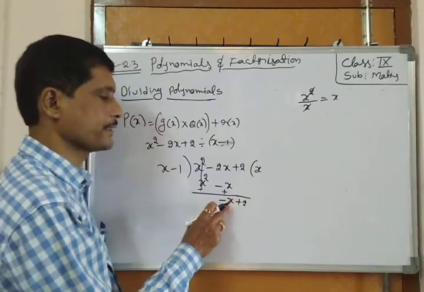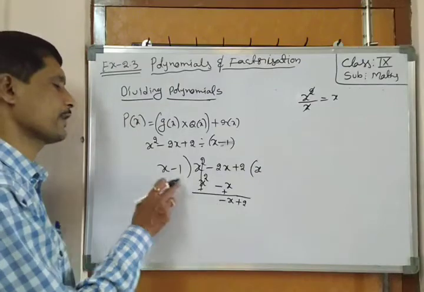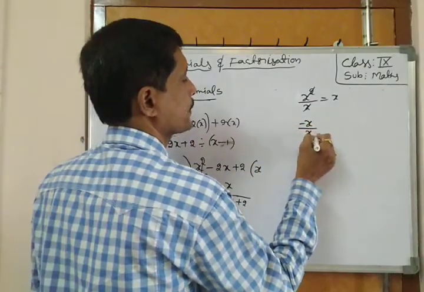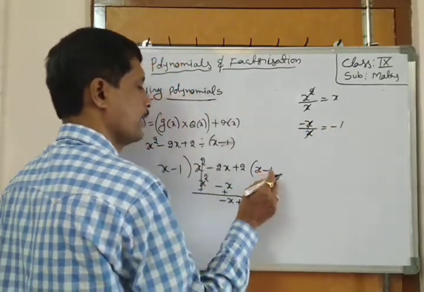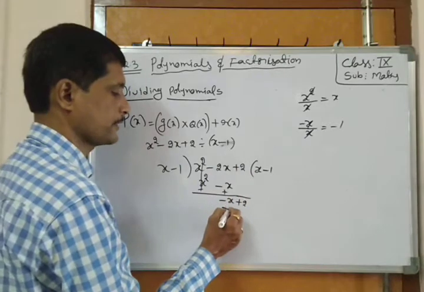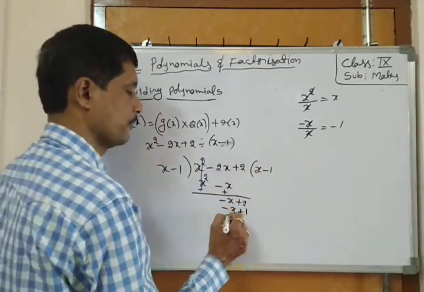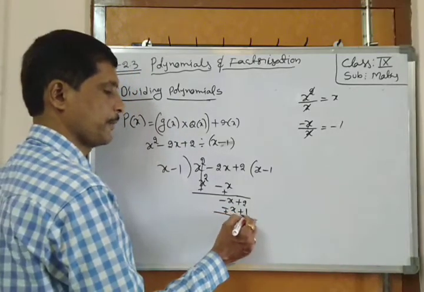Here see, the degree is 1 here and the degree is 1 here. Minus x by x cancels, giving minus 1. Write minus 1. Minus 1 into x is minus x. Minus 1 into minus 1 is plus 1. Here also subtract, so the signs change.